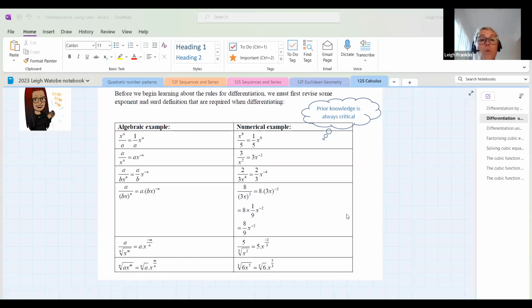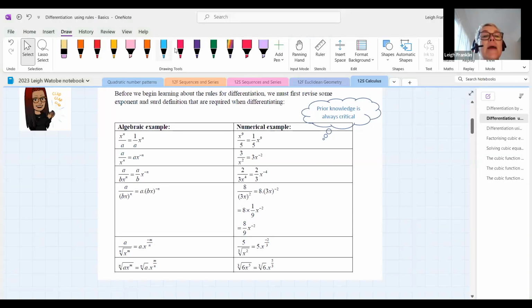All right. What I want to encourage here is that when they give you a term, you need to be able to write your term in the following format.